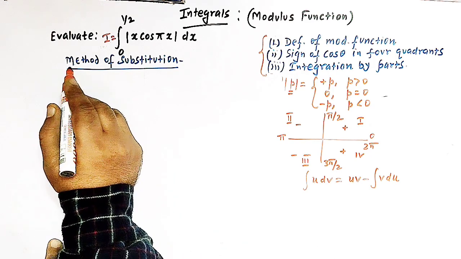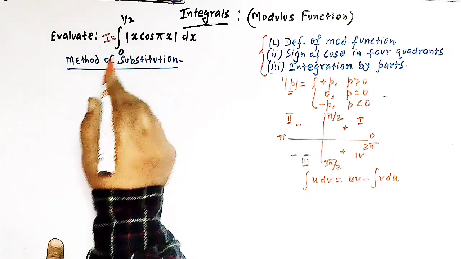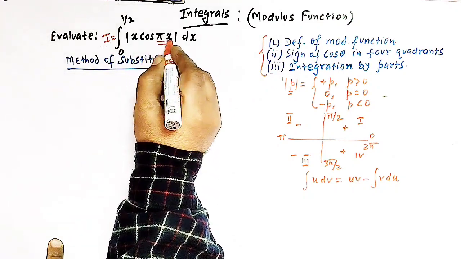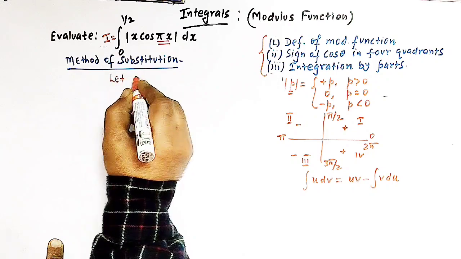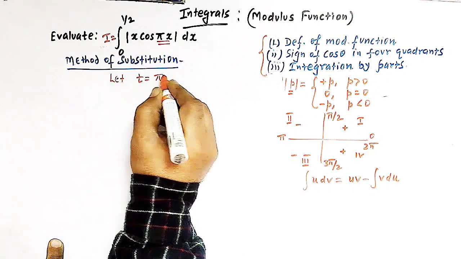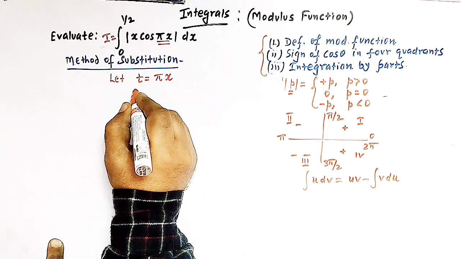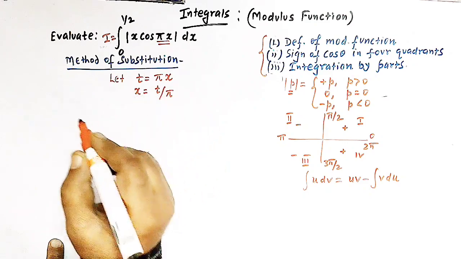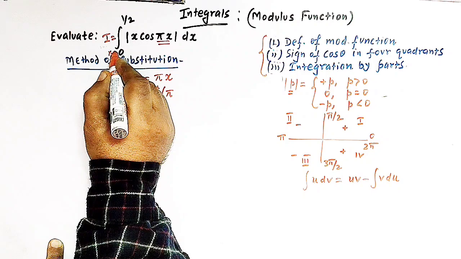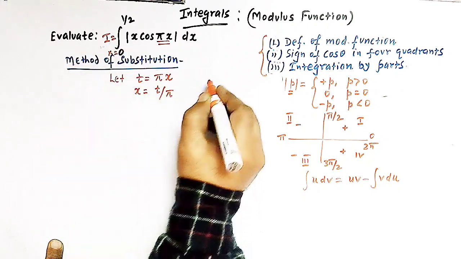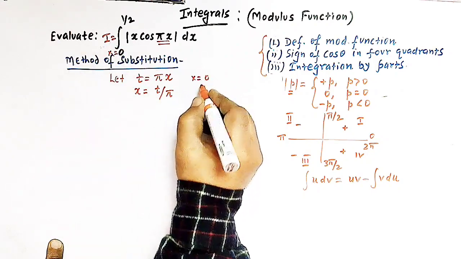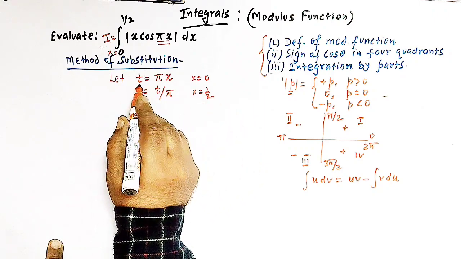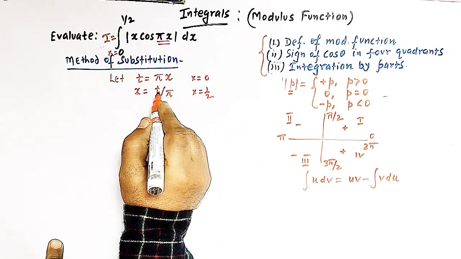Okay, so now let us first apply the method of substitution. So here we have cos pi x. So let us first take t is equal to pi x, right? So that x is equal to t over pi, right? And here we can see that the value of x varies from 0 to half, right? Okay, now let us differentiate x with respect to t.